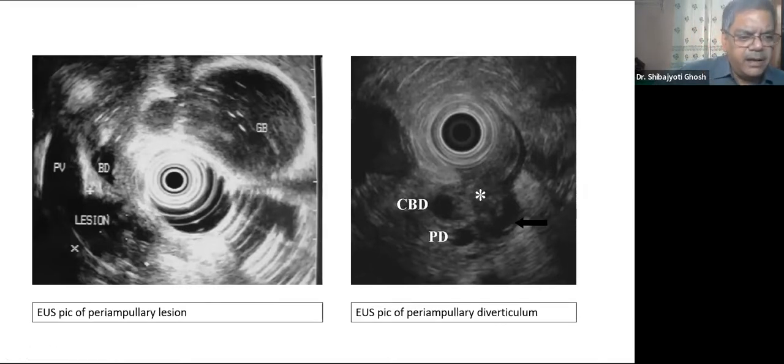And as you know, it is used nowadays not only for diagnosis and tissue sampling, but also for endoscopic biliary drainage, because it is now possible to pass a catheter above the lesion. So these are some of the latest, therapeutic uses of endoscopic ultrasonography.